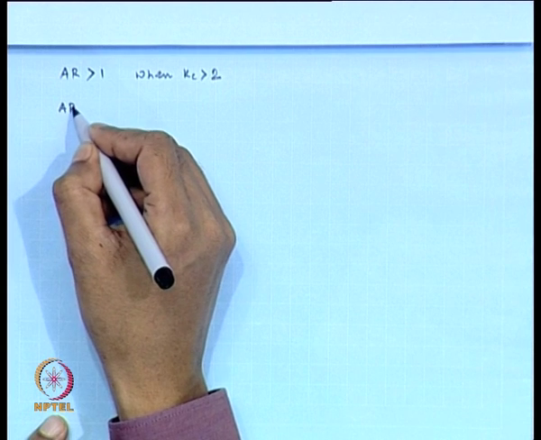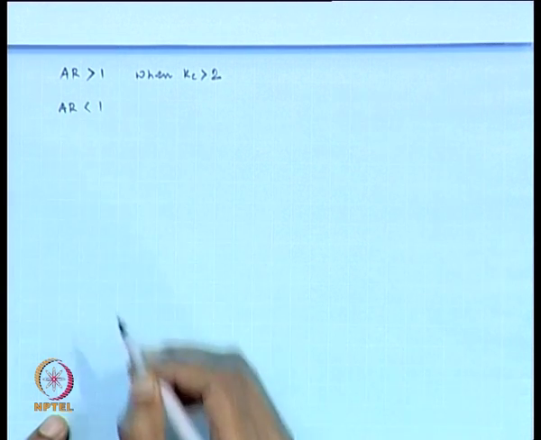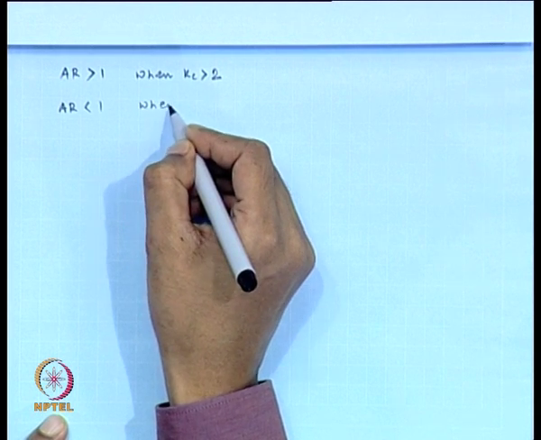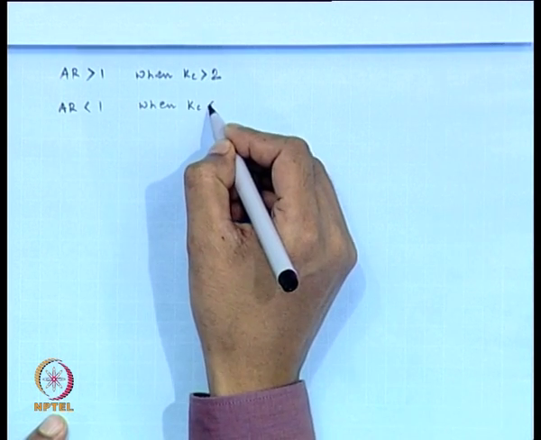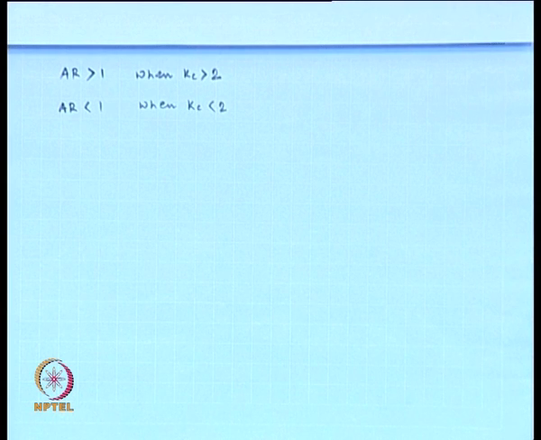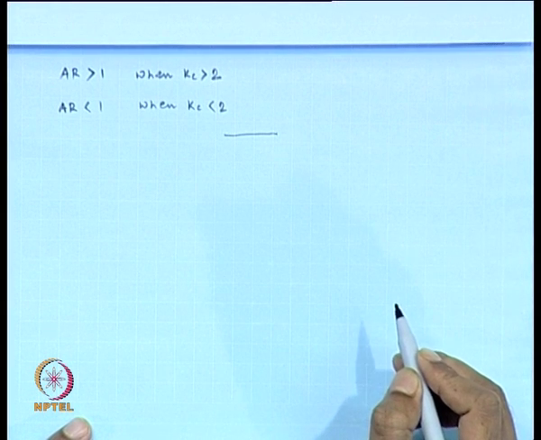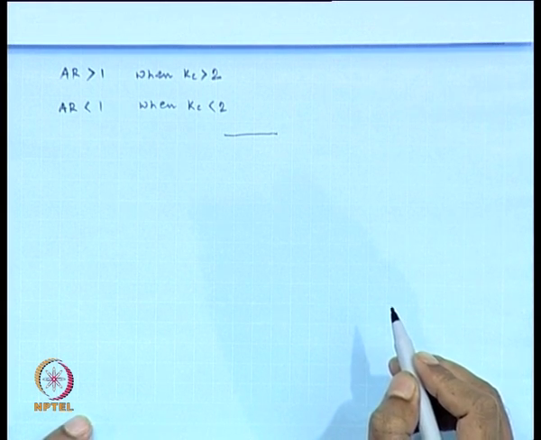Similarly, we obtain amplitude ratio less than 1 when Kc less than 2, fine. So, Kc equals 2, that is the critical value of Kc. I hope up to this we discussed in the last class, fine.